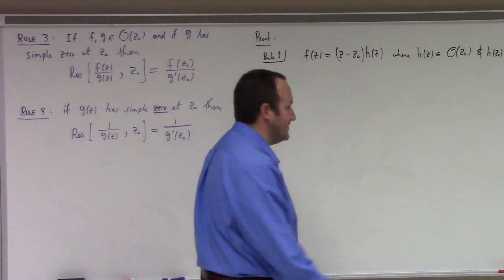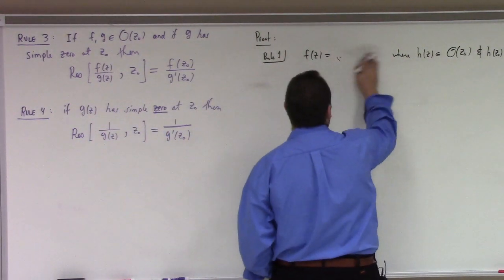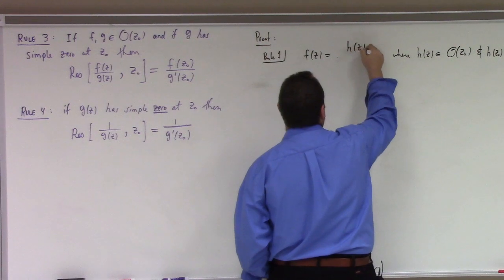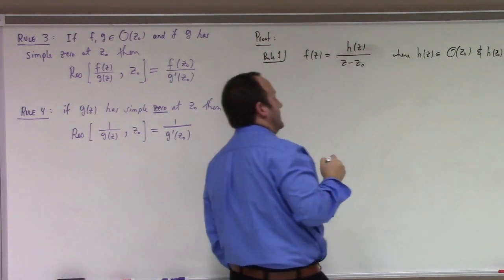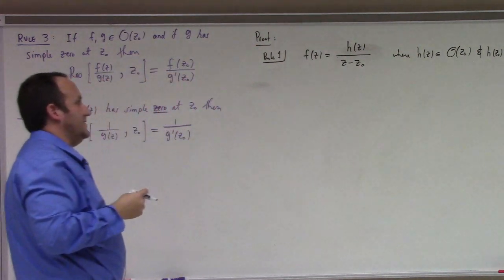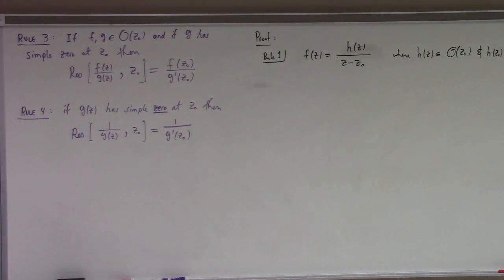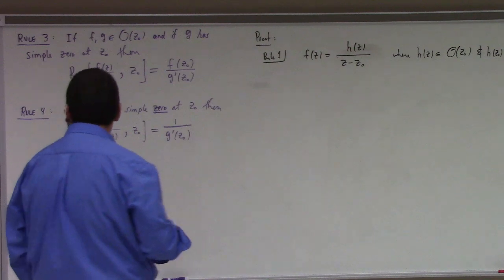Actually that was not the definition, but this is a result that we had from chapter 11. We proved that if you have a simple pole, you can write the function like that.